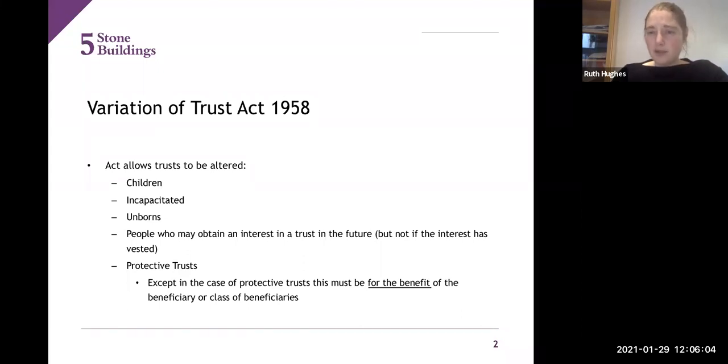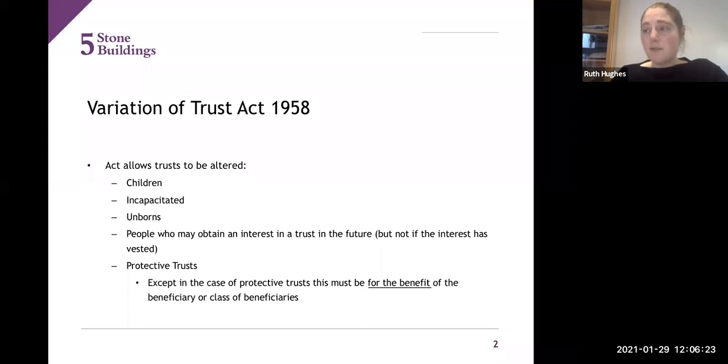You are going to have to make sure that there isn't any conflict within your class though, because that will require separate representation and separate benefit. The court will allow there to be some kind of risk taken on behalf of minors or unborns, particularly if a reasonable adult would be willing to bear the same kind of risk.